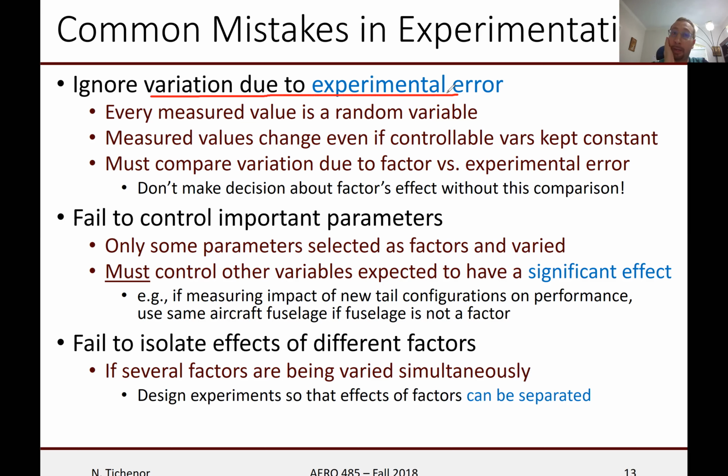If you have variation in your inputs versus variations in the measurements, then you have to take them into account as well. If the temperature is a very important parameter and you don't control it and you go with randomization, you're not going to get good results.